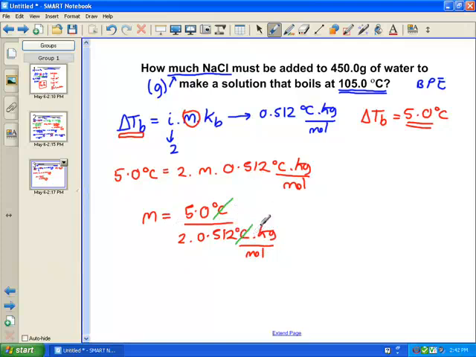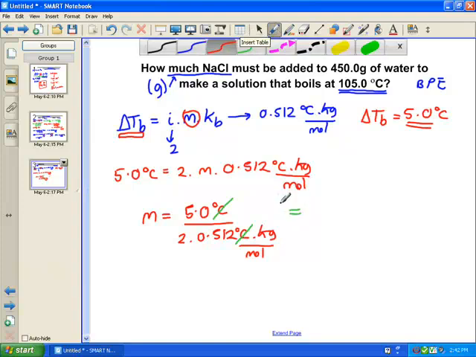A way to get around the problem of these units, because this looks like a fraction with a fraction underneath it, which looks rather confusing, is that, as you'll have seen before in a math class, when you have units like this, you just flip them in your answer. So we get rid of our degrees C, we flip the moles and the kilograms, and we actually do end up with units of moles per kilogram, as we should expect.